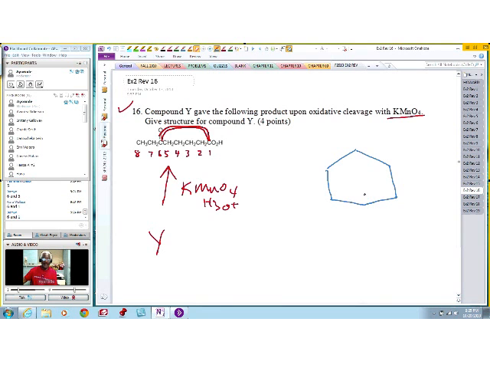These are those questions that require that you think critically. We have a carbon-carbon double bond, and then we have a CH2, a CH3.